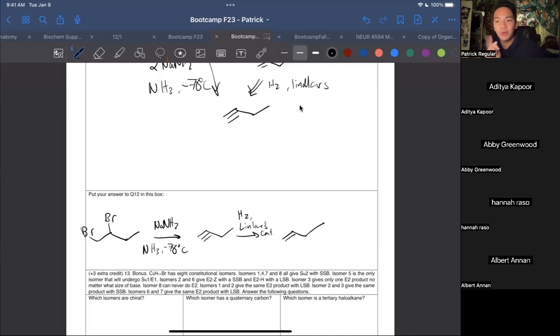We'd only reduce one of those double bonds. And then we would get to the final product, the anti-Markovnikov addition of OH with BH3, THF, H2O, NaOH, H2O2. Yeah.